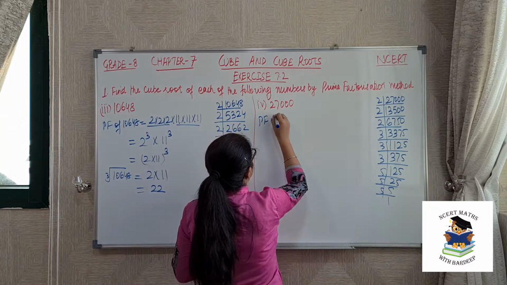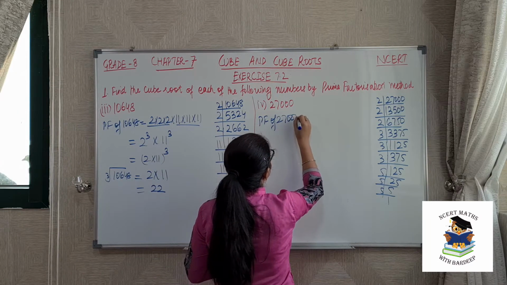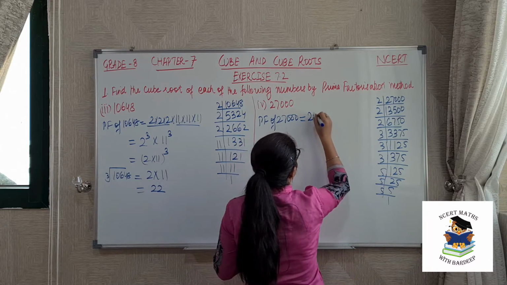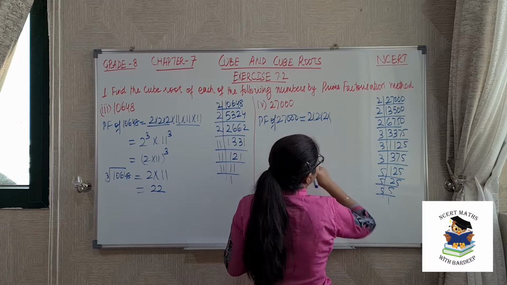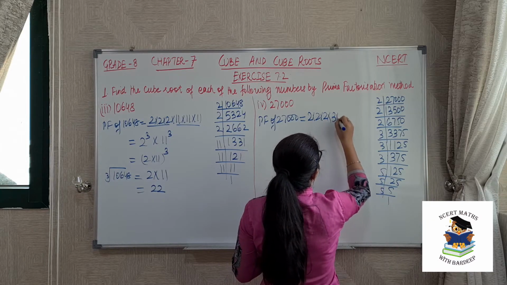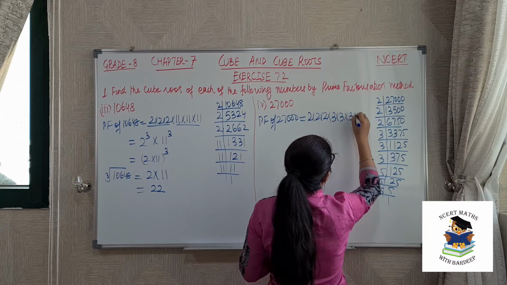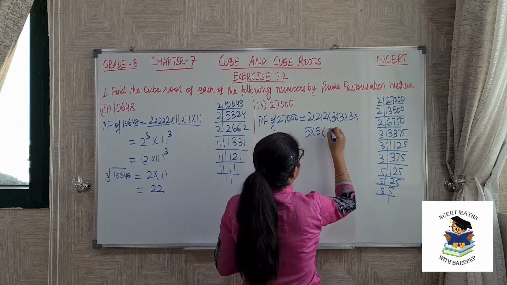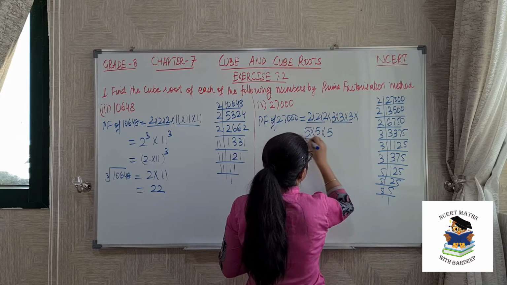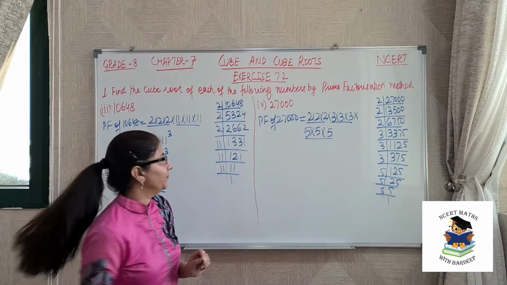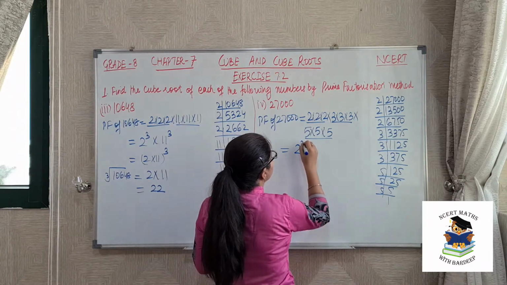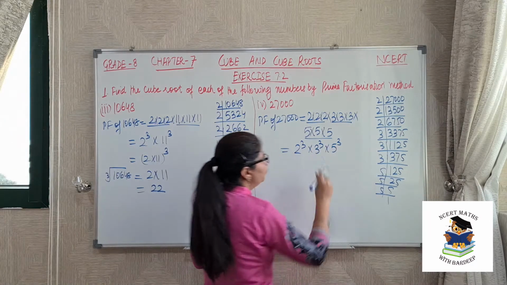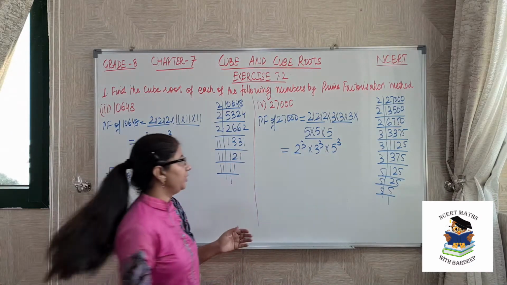Prime factorization of 27,000 is 3 times 2, 3 times 3, and 3 times 5. So each factor is coming 3 times. So 2 raised to power 3, 3 raised to power 3 and 5 raised to power 3.